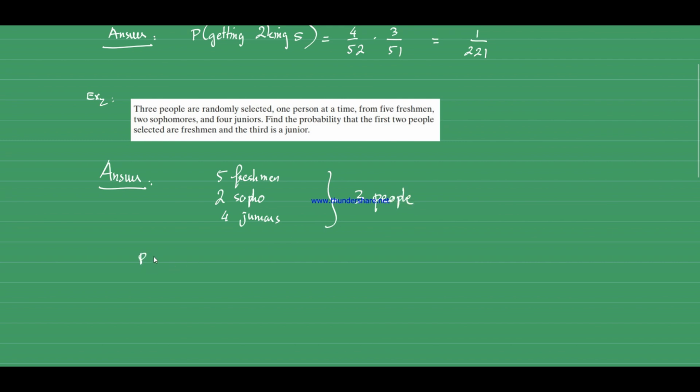The probability in this case: the first 2 people selected are freshmen, so it will be 2 out of 5.